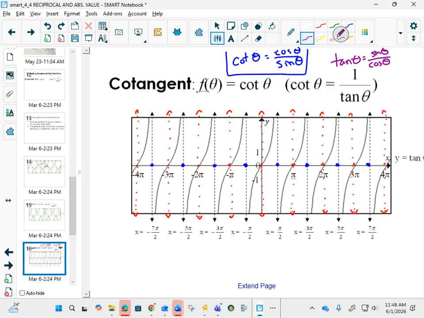Now, as far as finding nice points, you know that tan of pi over 4 is 1. And that would be an invariant point. In fact, I would just go across from 1.